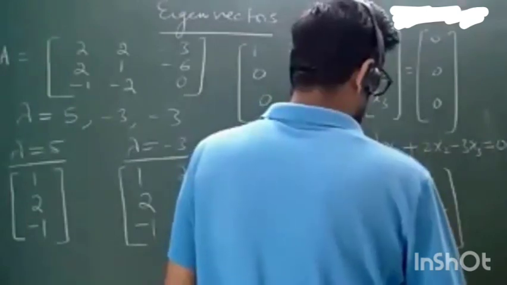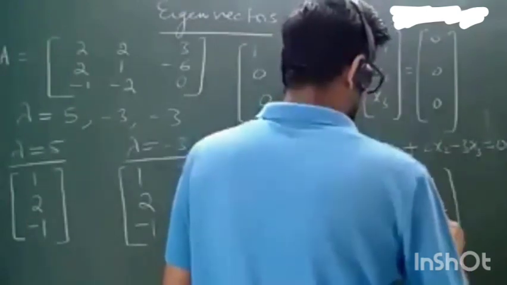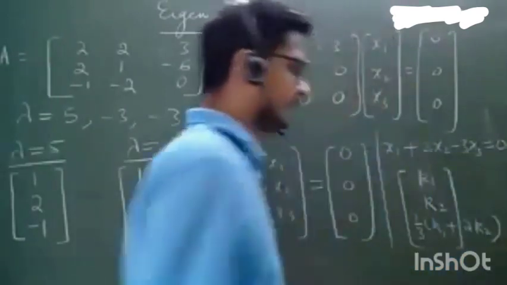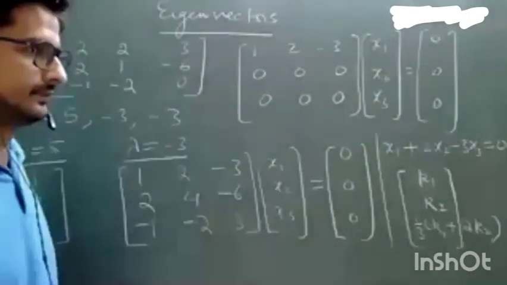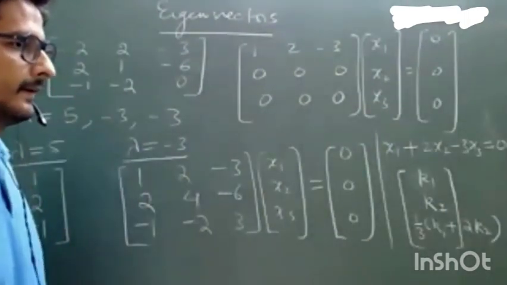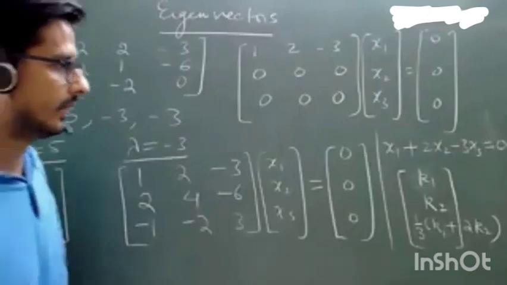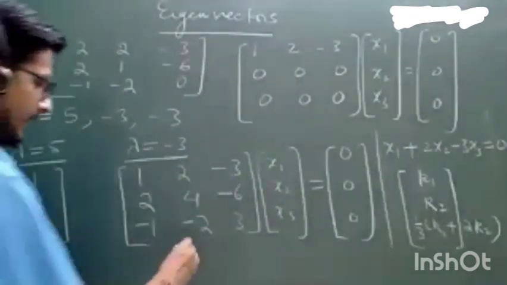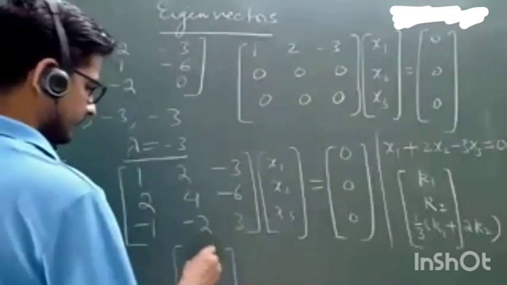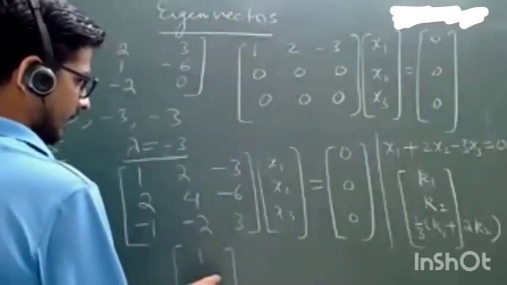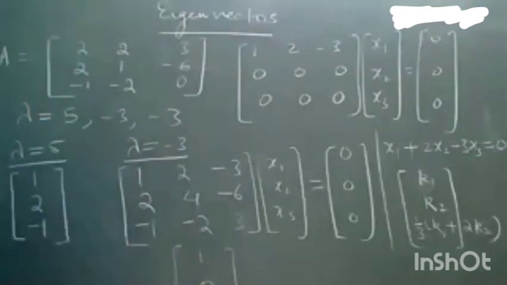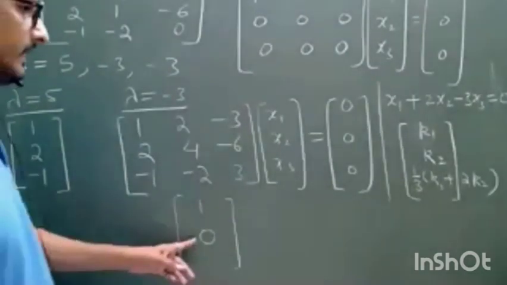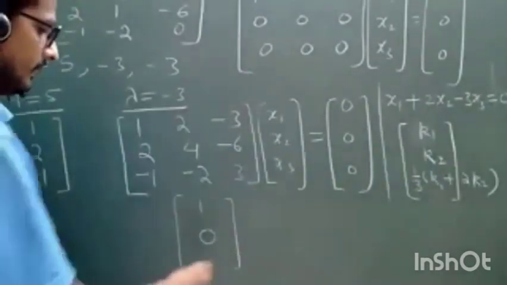So x3 becomes one-third k1 plus two-thirds k2. Now corresponding to lambda minus 3, the first eigenvector I can write by assigning k1 as 1 and k2 as 0, so x3 becomes 1 by 3.